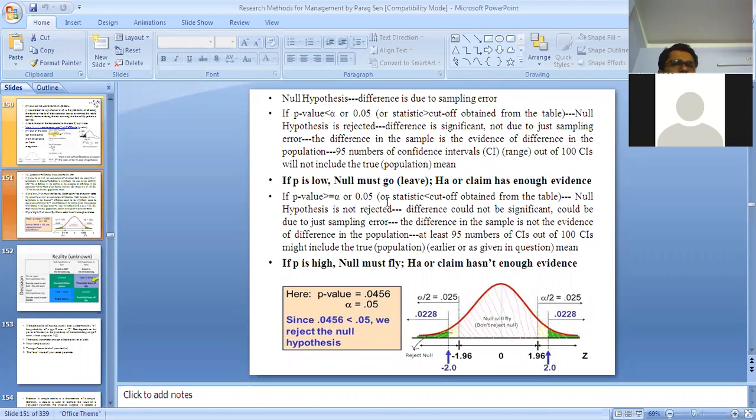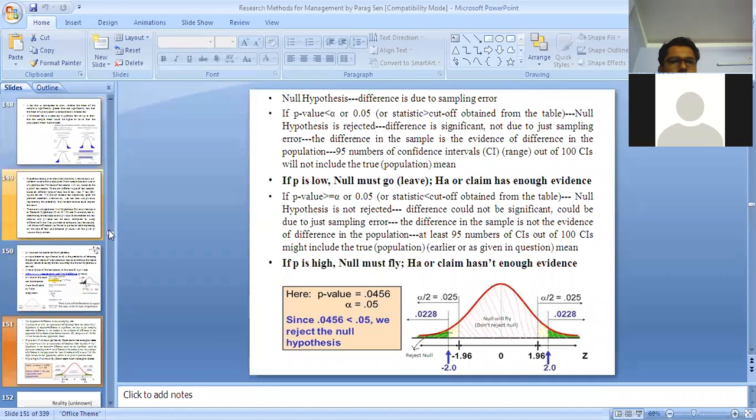Though I am talking about 0.05, 0.05 is nothing but alpha. I will discuss that later, but first let me talk about what the p value is.